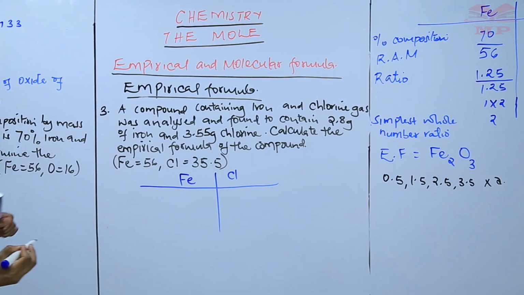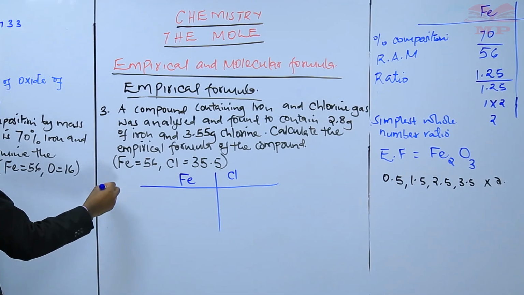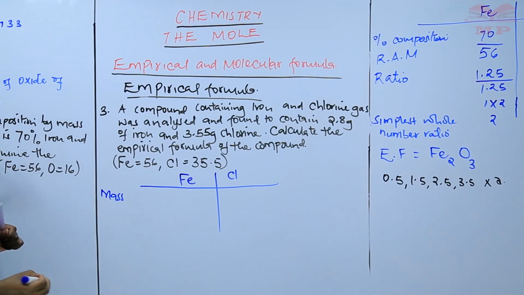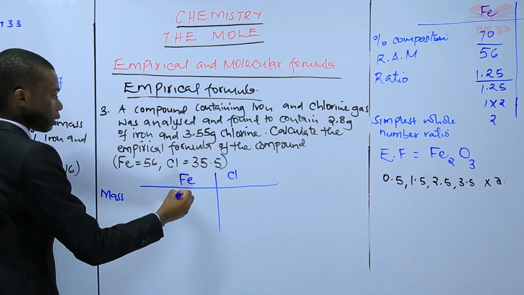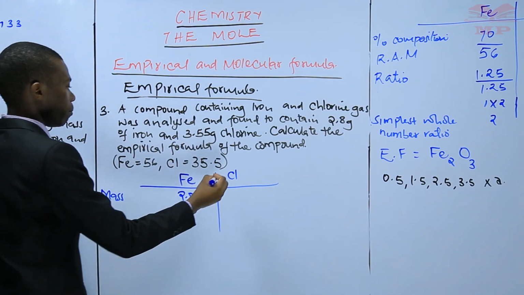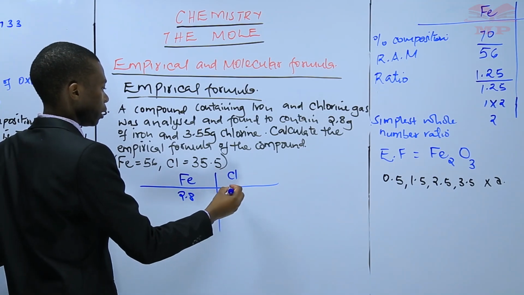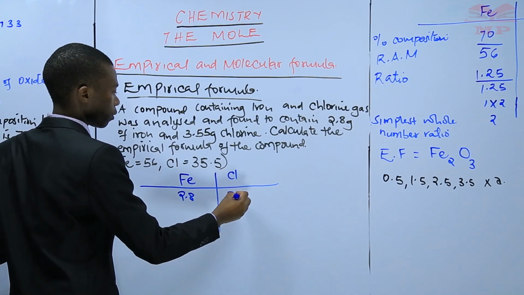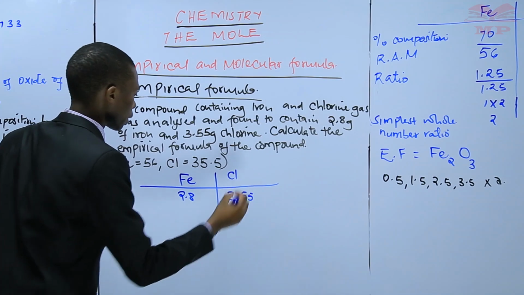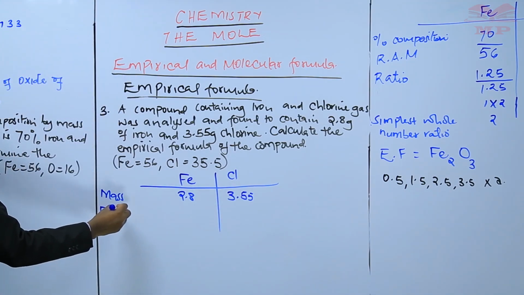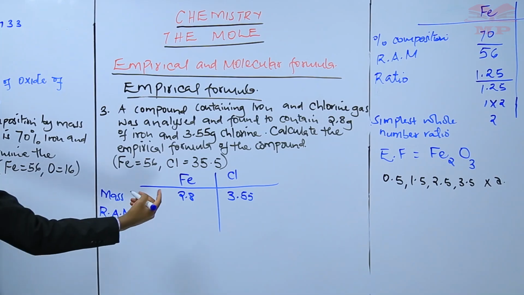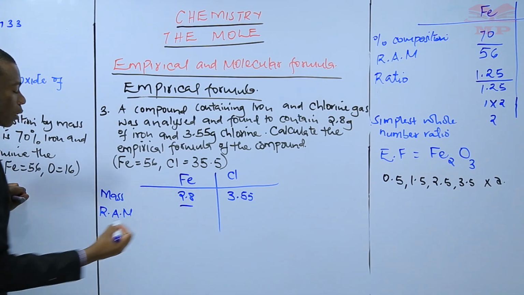This one, we don't have the percentage composition, but you have the mass. The mass of iron is 2.8. The mass of chlorine is 3.55. Then, you divide the mass by the relative atomic mass.